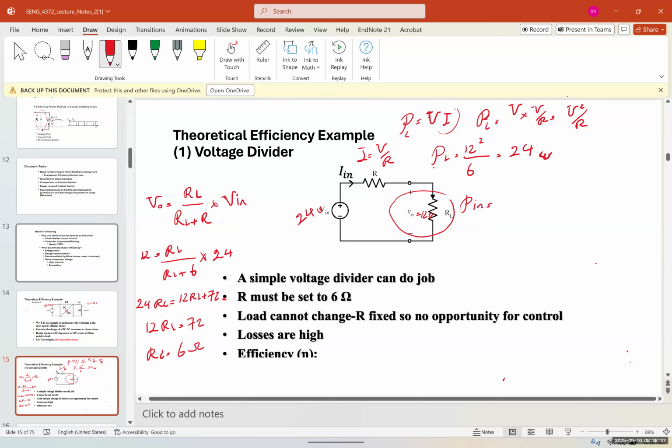Now, what is the input power? The input power would be the input voltage times the current. Am I correct? And if I want to find this current, I is equal to the total voltage over the total resistance, which is R plus RL.